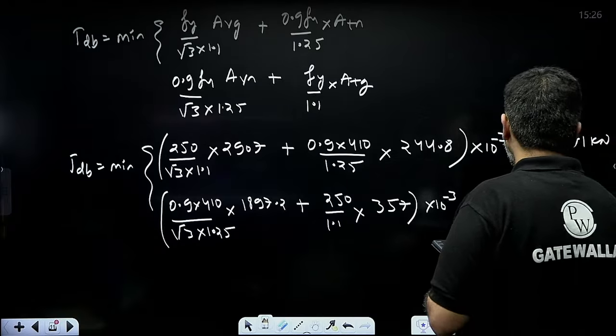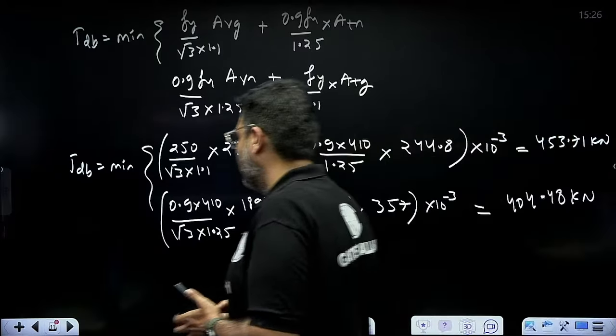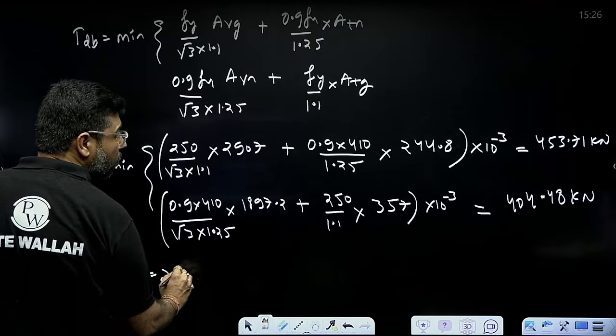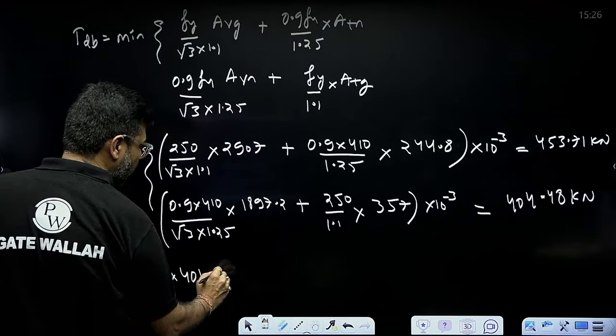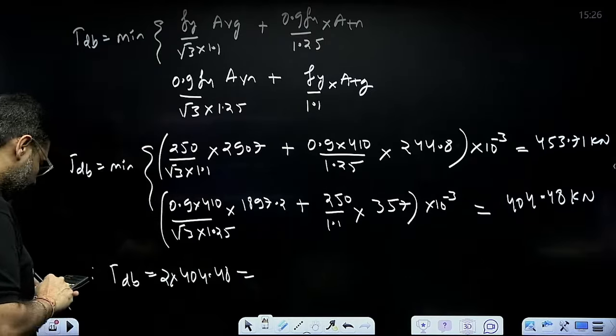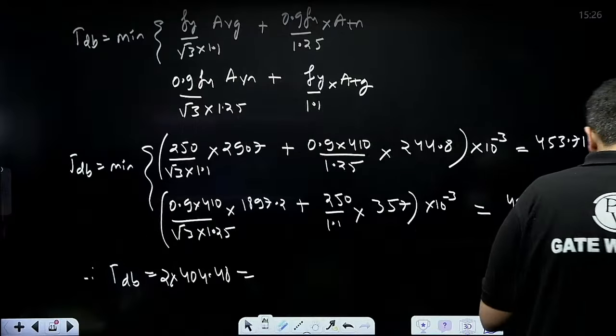These kind of questions you can very much expect in your exam. Now, therefore, TDB is equal to twice of 404.48, that is 808.97 is the correct answer.